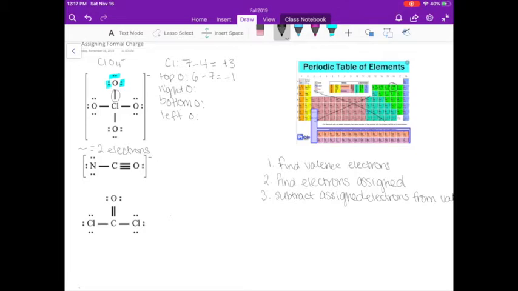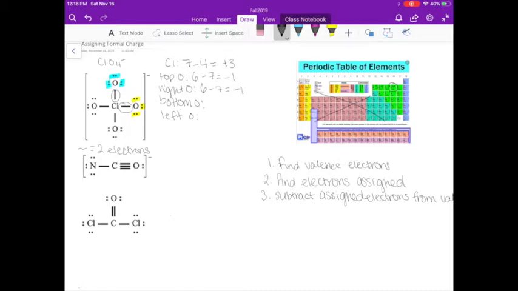Alright, looking at our right oxygen, we already know that oxygen has 6 valence electrons, and that doesn't change no matter what structure it's in. And then we can look again at our assigned electrons and see that it has 1, 2, 3, 4, 5, 6 assigned individual electrons, plus this one bond, which gives us another 7.